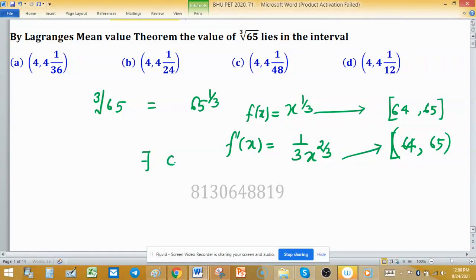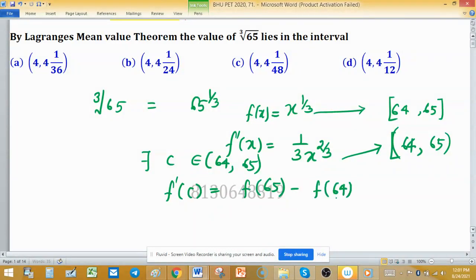So there exists a c belonging to the open interval 64 comma 65 such that f dash c is equal to f of 65 minus f of 64 divided by 65 minus 64, which means 1.